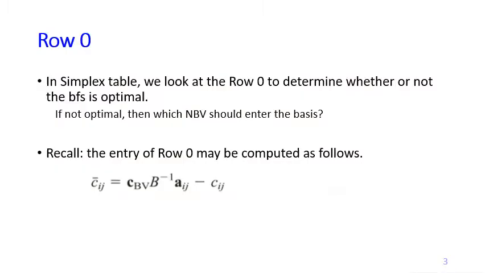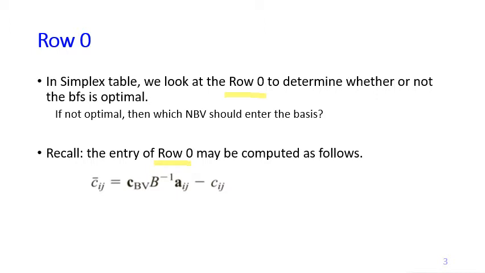Let's start talking about step 3 in that algorithm. First, we go back by recalling the simplex algorithm that we used to solve the linear programming problem. In the simplex table, we look at row 0 to determine whether the current BFS is already optimal or not. If it is not optimal, then we should determine which non-basic variable should enter the basis, right? You have also learned the formula to calculate the value of an entry in row 0 for a variable.